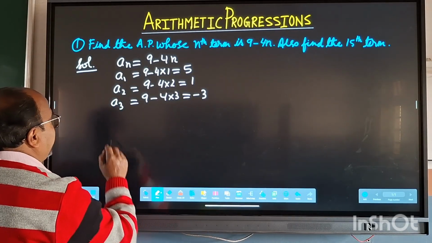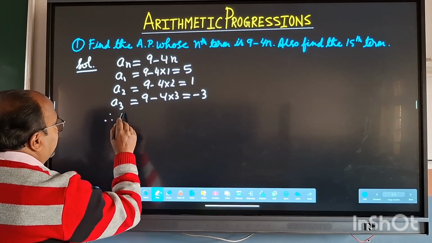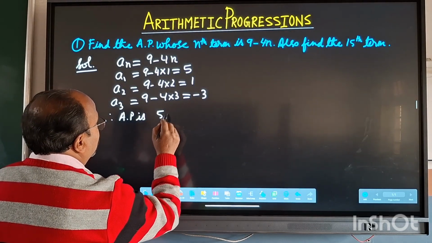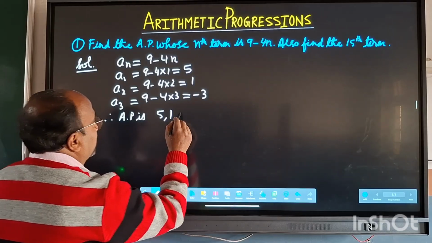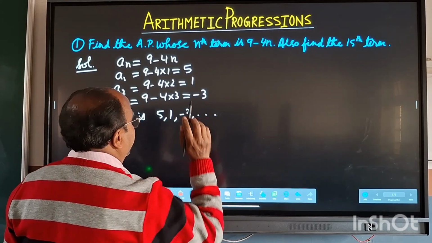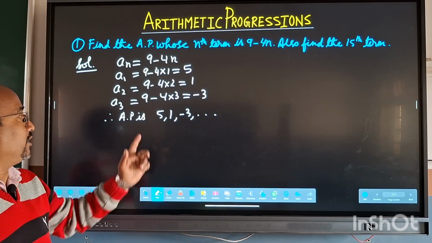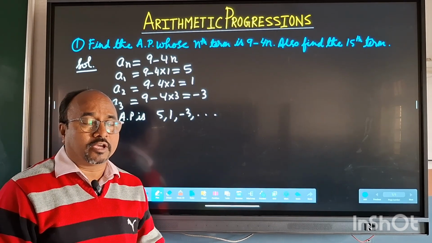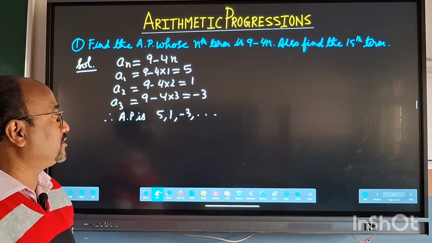So I have got 3 terms. Therefore the AP is 5, 1, minus 3, and so on. You can check the common difference you are getting here is negative: minus 4 is the common difference.